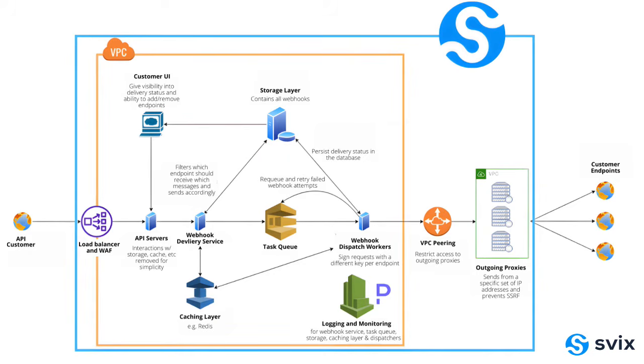Obviously, the webhook dispatcher also needs to persist the status, so what happened, what was the response status code, and write it back to storage. If for whatever reason that request fails, it will want to requeue it. We have an exponentially increasing retry schedule.